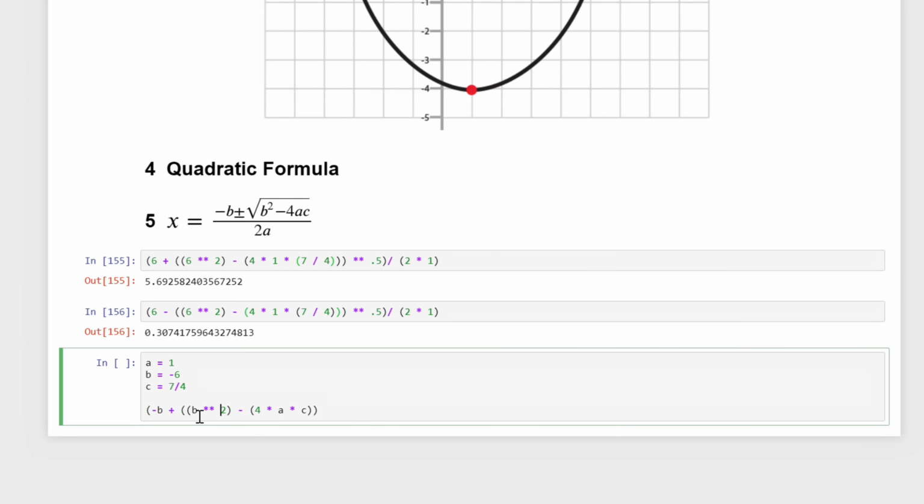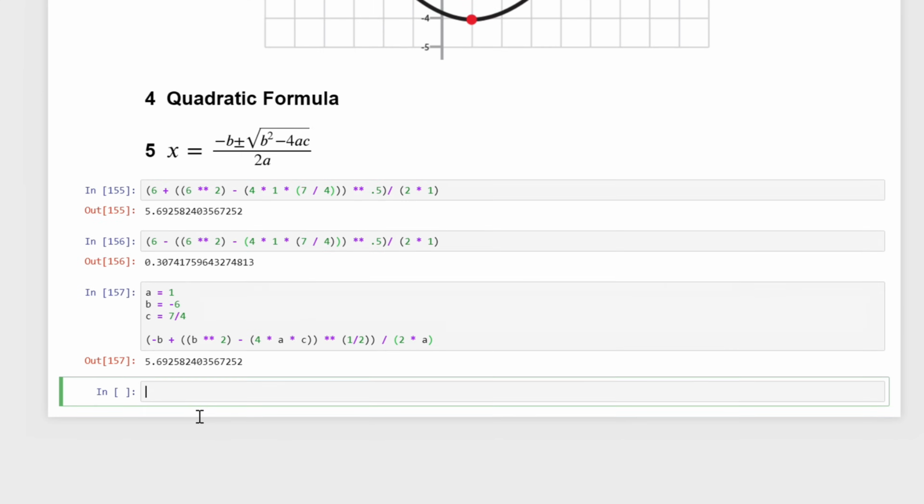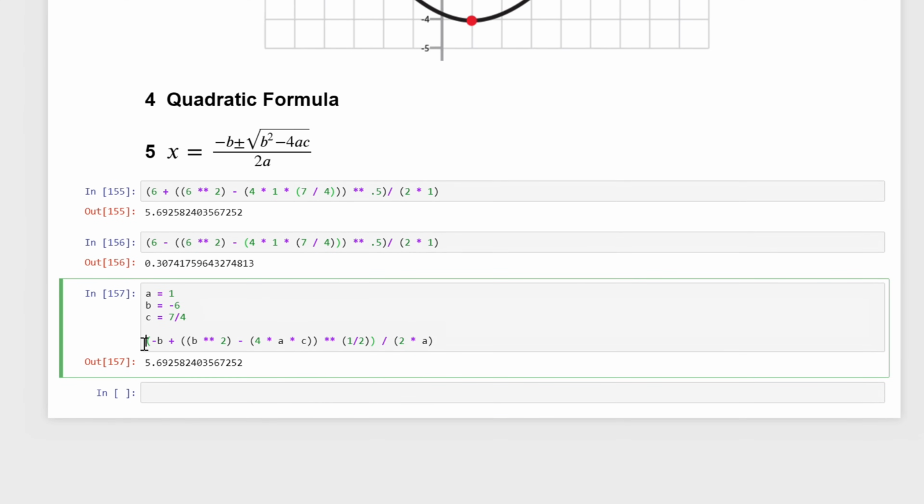And we're going to have this whole thing to the 1/2 power. And then we're going to divide this by 2 times a. So we're going to write it out exactly like that original formula was, and we're going to get the same solution. We have this, and we have minus this.